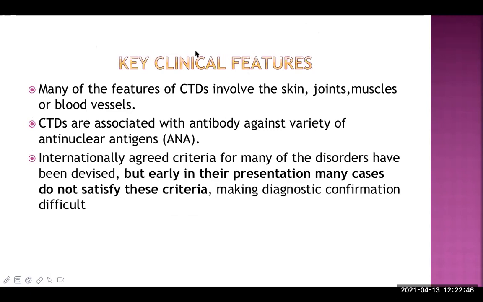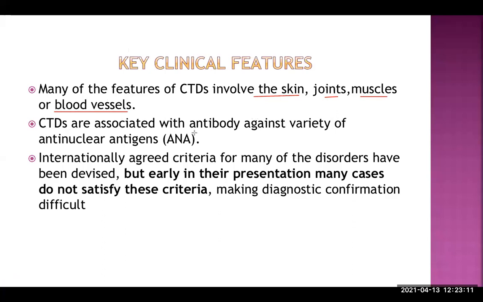Now, the key clinical features of these connective tissue disorders are that they involve the skin, joints, muscles, or blood vessels. In one sentence, I can say they involve the whole body. The manifestations are very diverse: skin, joint, muscles, or blood vessels.